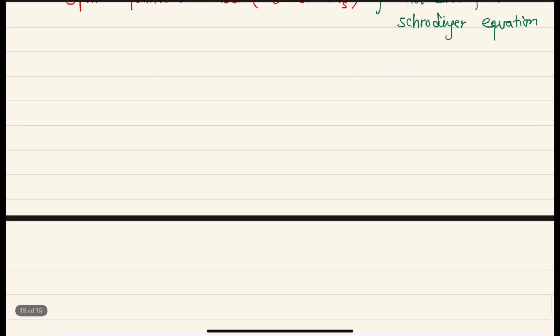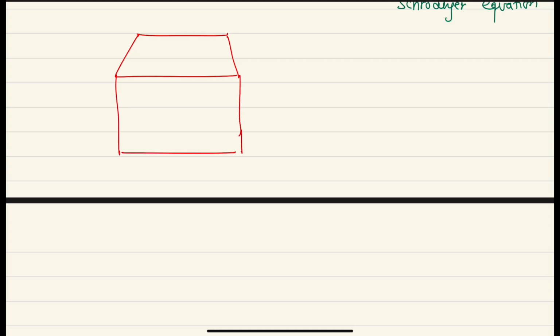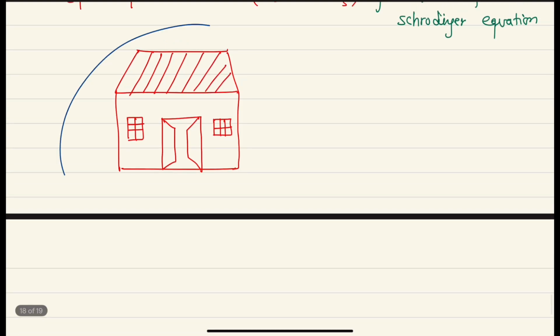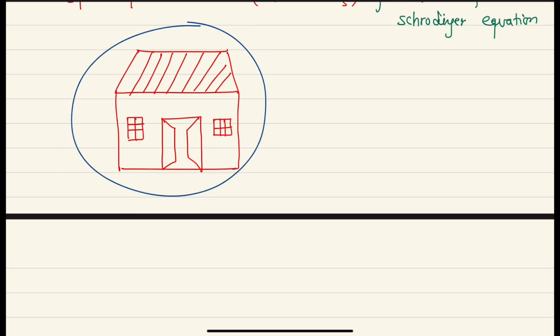Okay, so let's draw one house here. Very beautiful house. This is your house. Here we have a window, door, and here another window. So this whole is your house, clear? Now suppose this house is an orbital.